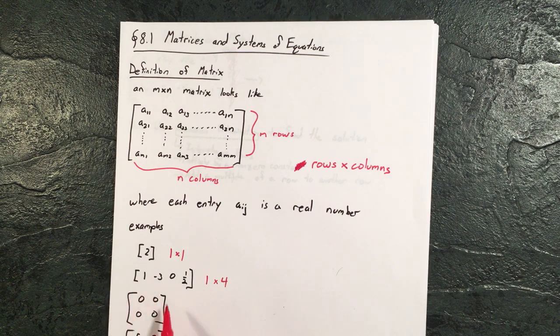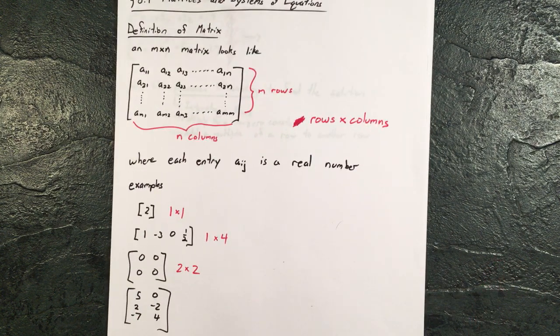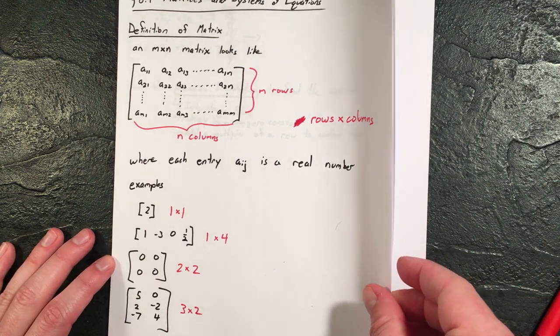This one is a square matrix because it's the same number of rows and columns, 2 by 2. I guess we could have said the first one was a square matrix as well. And then the last one here, we have 3 going down, 2 going over. So 3 by 2, because 3 rows, 2 columns, just to give you the size of these things.